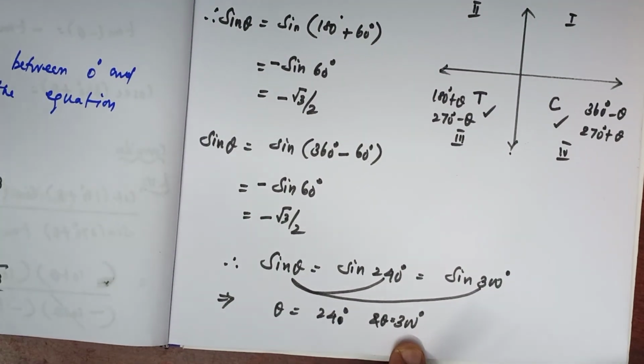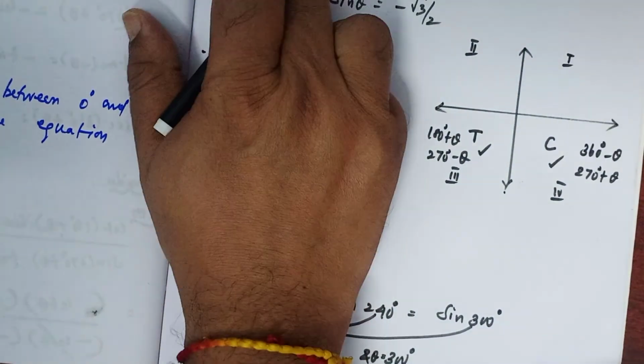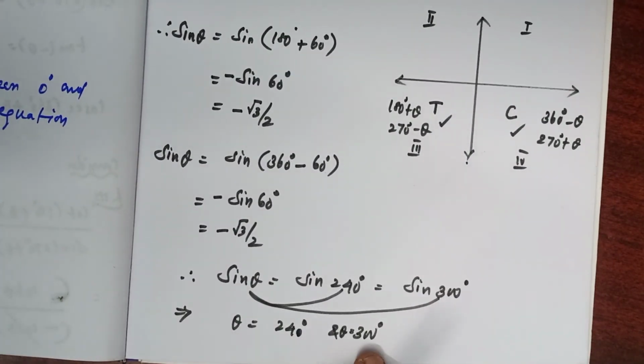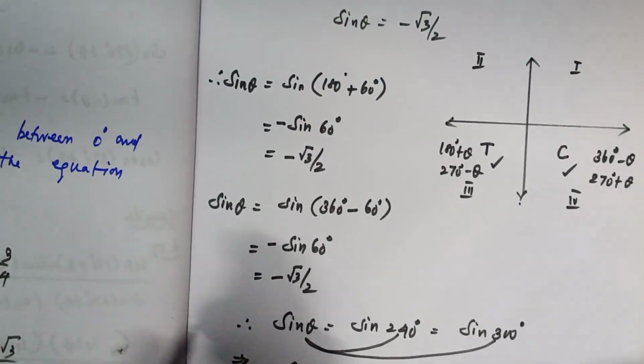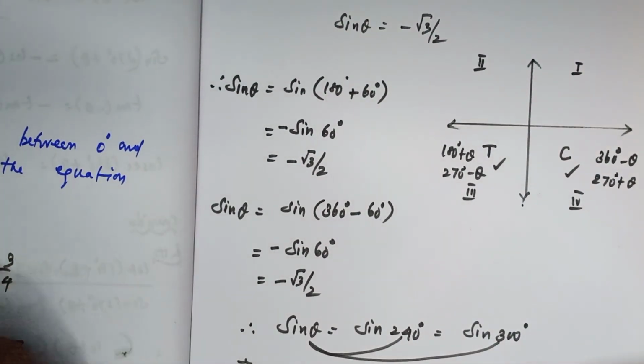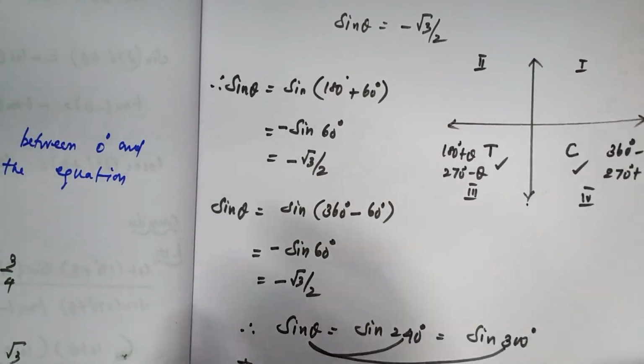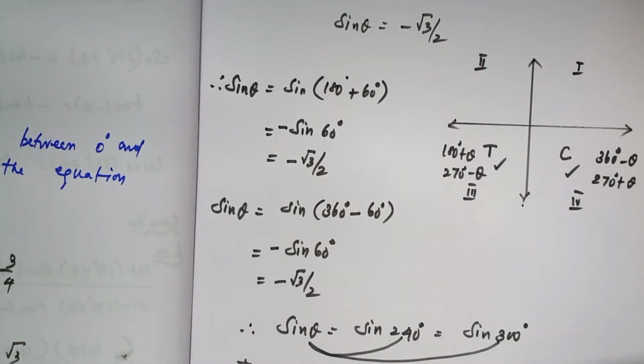So all the four angles, what are the four angles? 60 degrees, 120 degrees, 240 degrees and 300 degrees. All the four angles lie between 0 degrees and 360 degrees. Finally, we have to write the result.